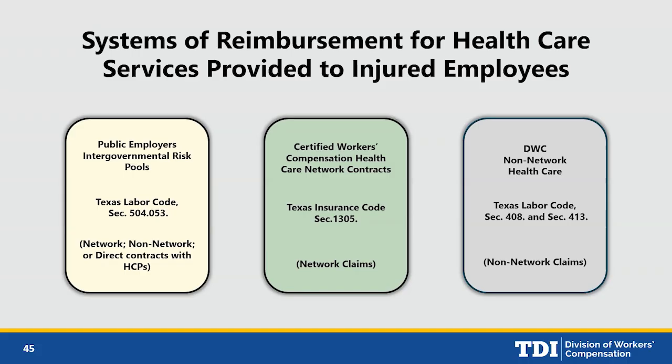They can operate like non-network, which means their employees can go to any willing doctor, or they can say it's a small town, they directly contract with the healthcare providers in that town. So those are the public employers like school districts, sheriffs, first responders. But basically, walking in the door, it should be about a 50-50 split where those 50% are contract and the other are non-network.